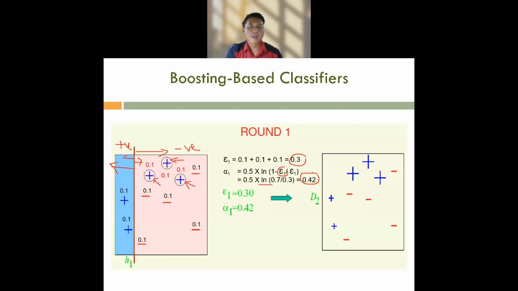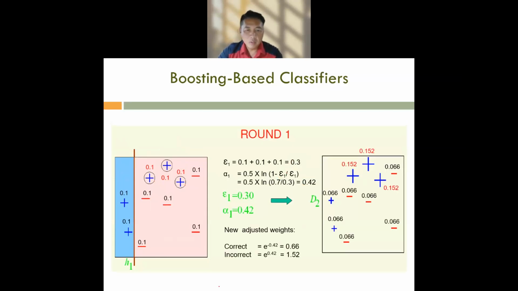Now I want to adjust the weightage so that this one will have bigger weightage. Based on the formula, we take this 0.42 and replace it here, and we get this value.